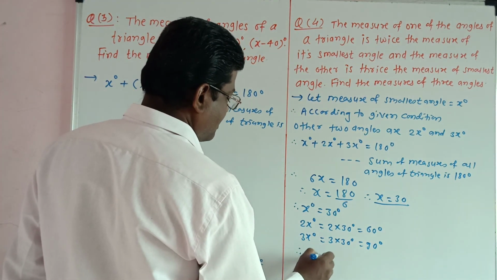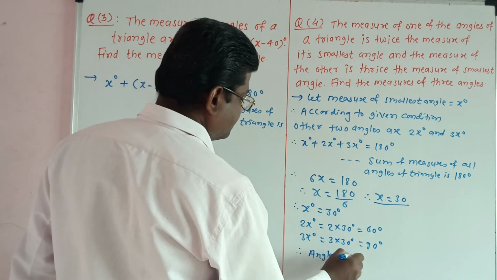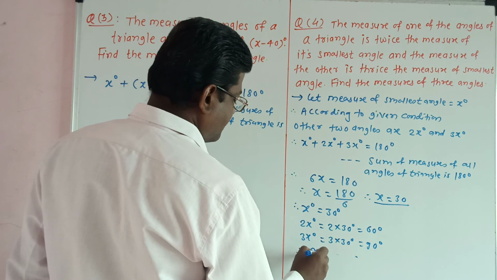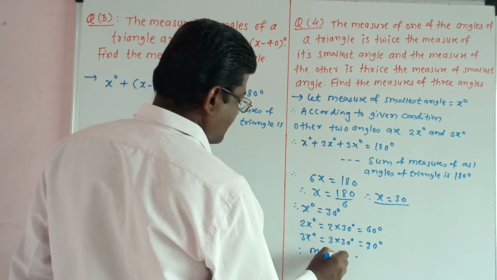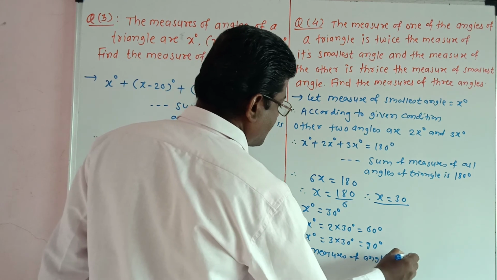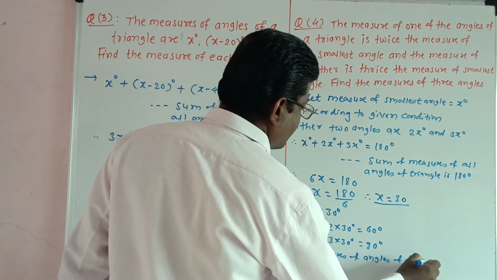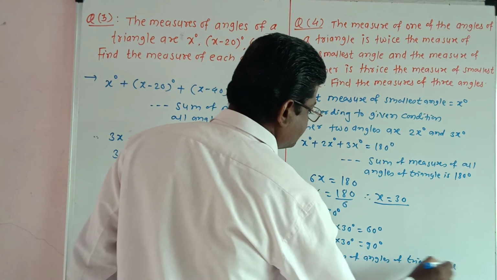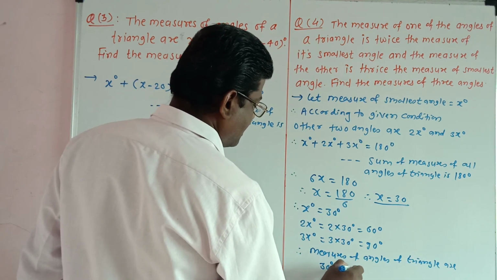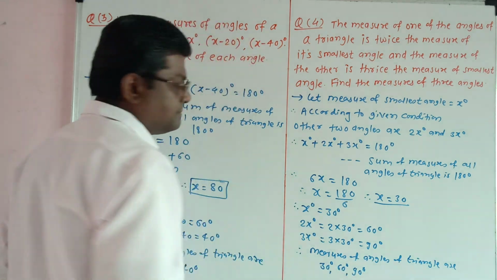Therefore, measures of angles of the triangle are 30 degree, 60 degree, 90 degree.